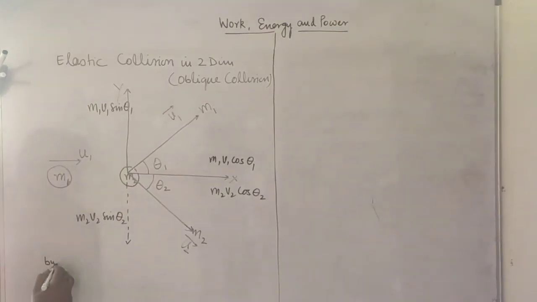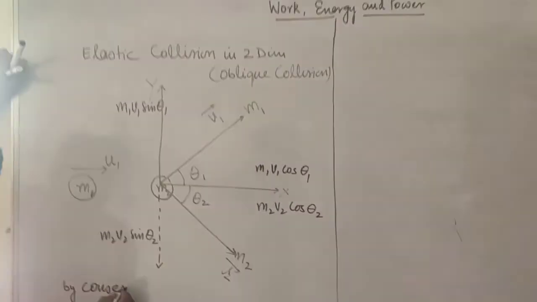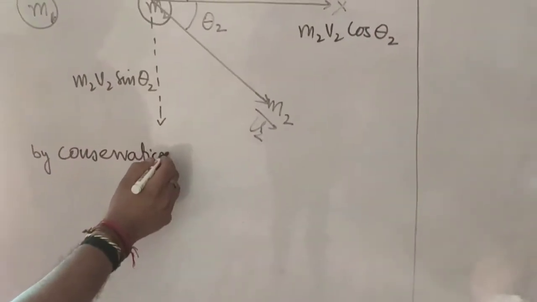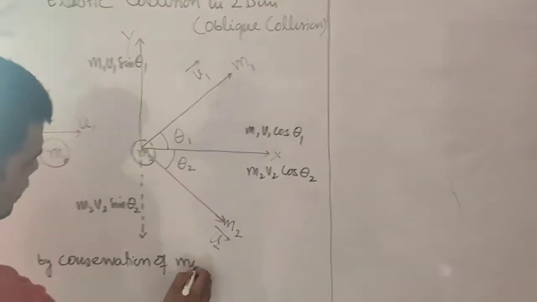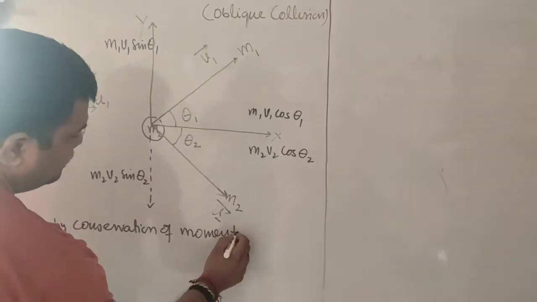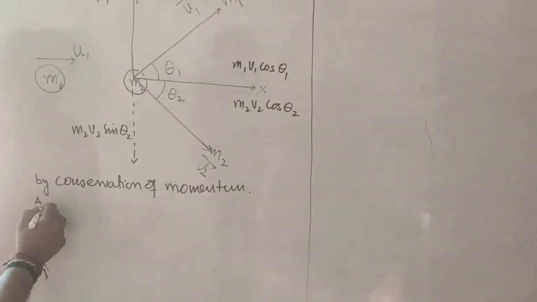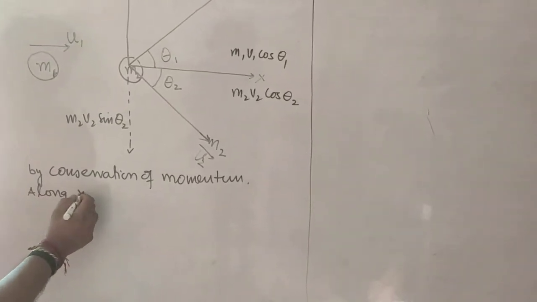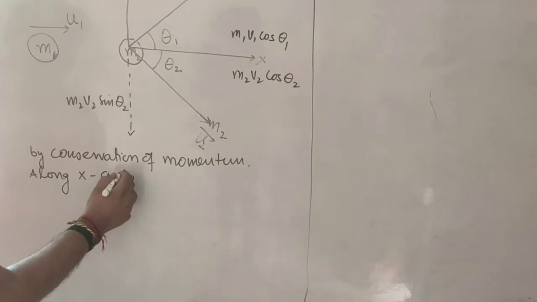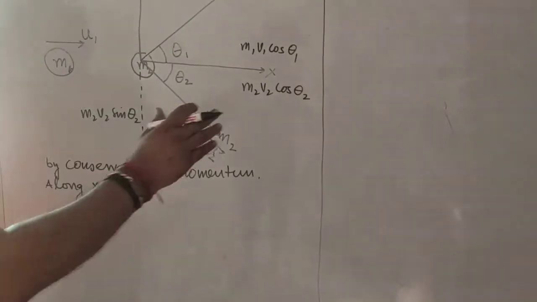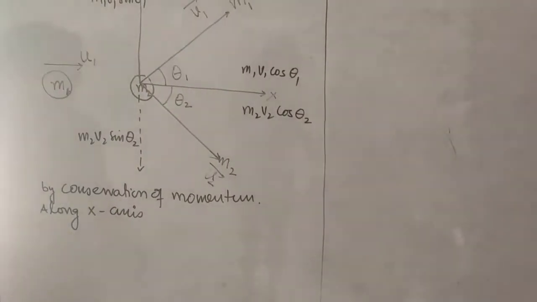by conservation of momentum along x-axis, that is along horizontal. So along horizontal, what is the momentum before collision?